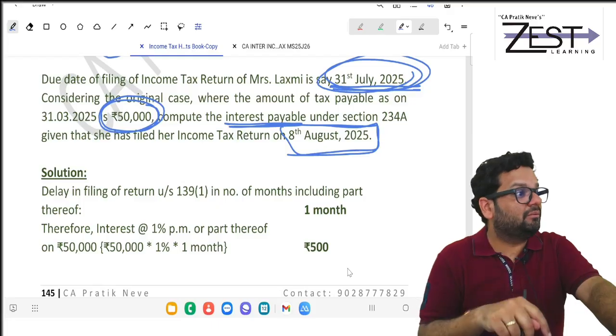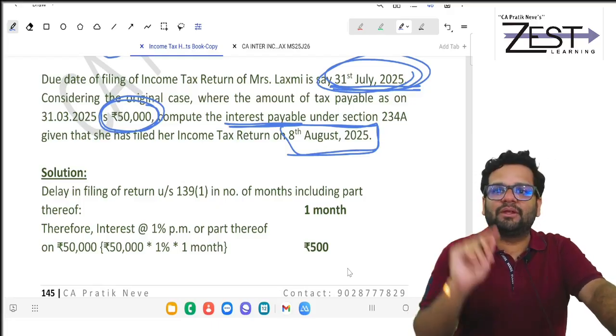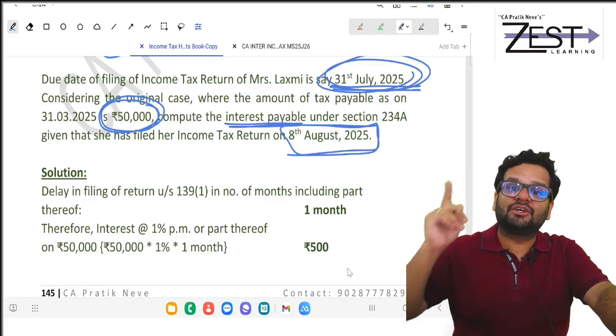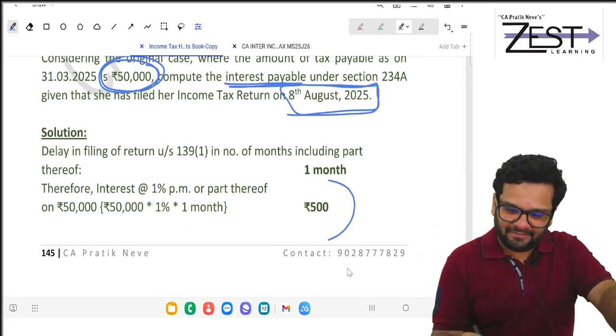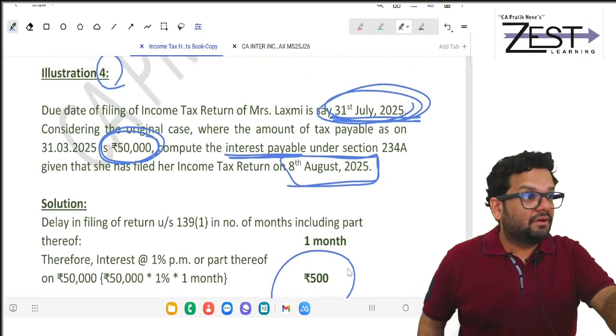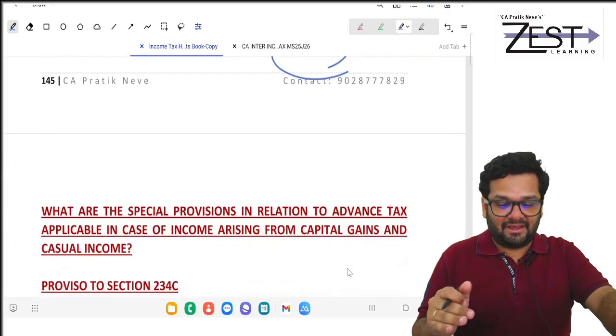You will calculate from due date of filing ITR. So it's 1 month. 50,000 into 1% into 1 month, 500. Any doubt?